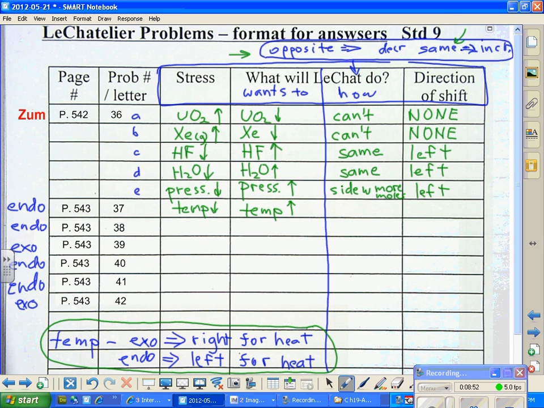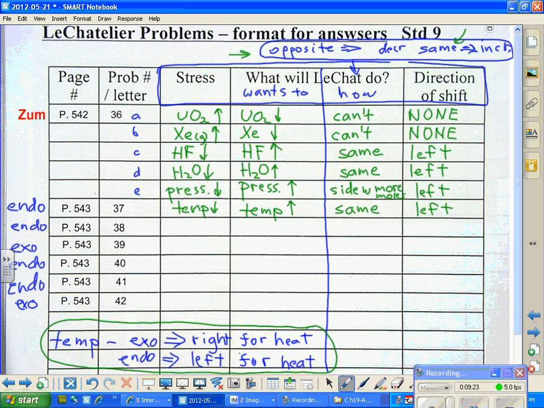Now, because this reaction is endothermic and the heat is on the left, and we want more, we have to go to the same side that the temperature is on. And the temperature, again, because it's endothermic, is on the left, and so we're going to shift to the left. And that will make more heat.